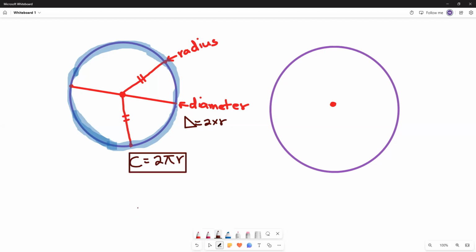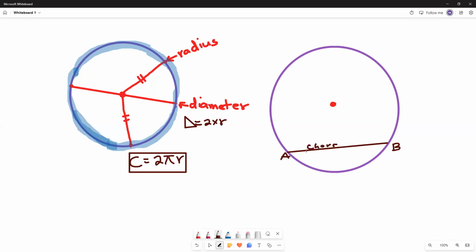All right. Then we have a line that is called a chord. A chord is any line that joins 2 points on the circle. So if this point is A, and then that point is B, we're going to call AB a chord.